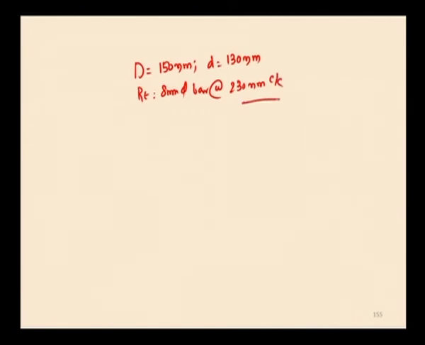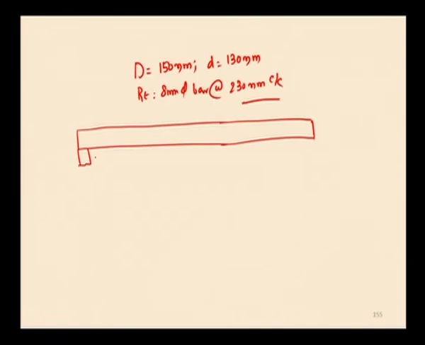Now, we need to see the reinforcement detailing. So, here it is a square slab, it is a restrained slab. Here these are the straight bars and these are the cranked reinforcement, and this is the main reinforcement in another direction, that is y direction.